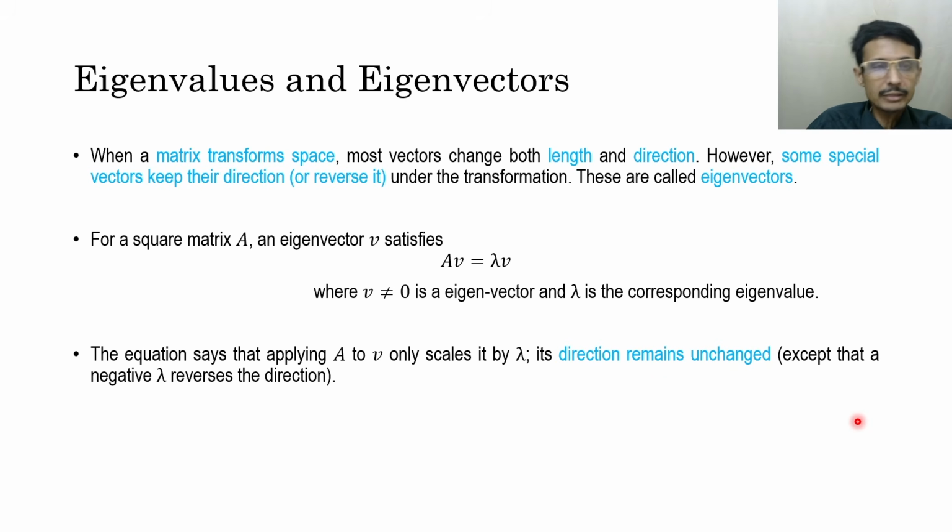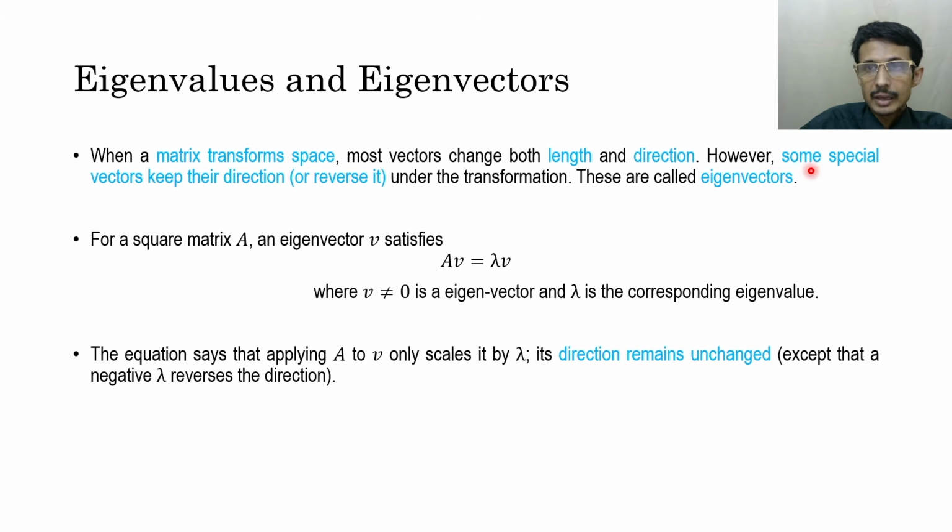Now, another very important concept is eigenvalues and eigenvectors of a matrix. If we consider a matrix transform, that means a projection matrix, most vectors change in both length and direction when the matrix transforms the space.